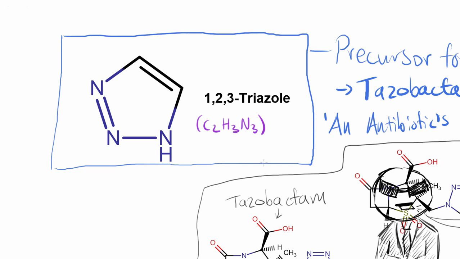This is effectively what we worked out as the empirical formula, but as a molecule, this molecule has that formula. So we've got hydrogens, one here. This is skeletal, so it doesn't show it, but there'll be 1, 2, 3, so 3 hydrogens. Nitrogens, 1, 2, 3. And as for carbons, we've got a carbon here and a carbon here. So that's triazole.